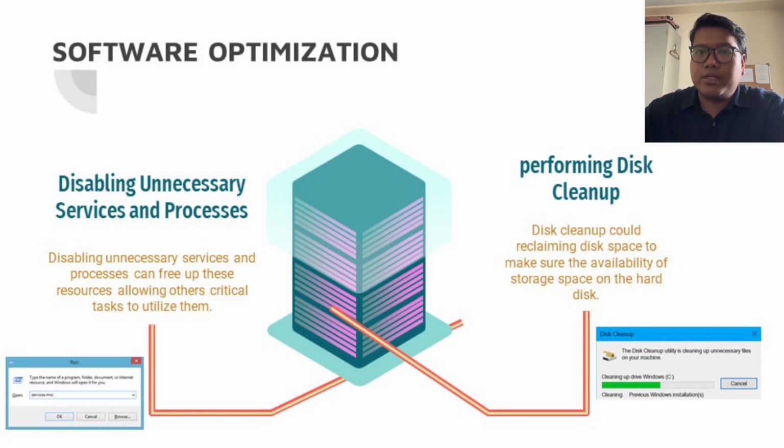This may result in resource contention, which is a conflict over shared resources between several components. Thus, disabling unnecessary services and processes can free up these resources for other critical tasks to utilize. So it prevents slowdowns and improves multitasking capabilities that contribute to smoother and more optimized performance for the computer system.